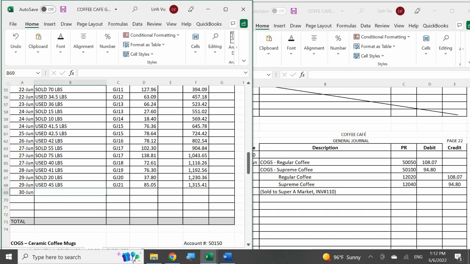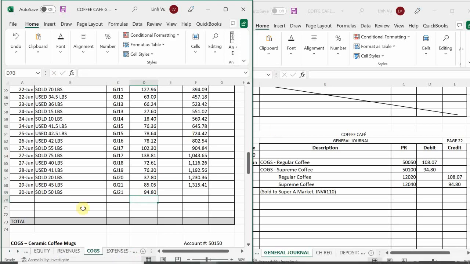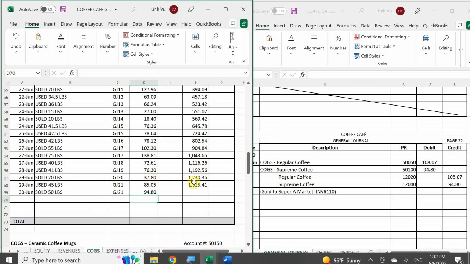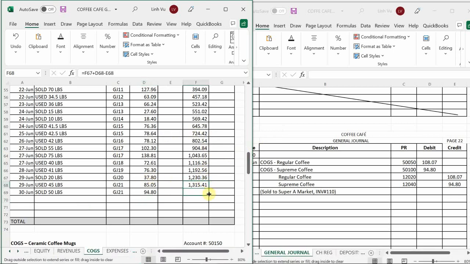And I also sold 50 pounds for a grand total of $94.80. So that should give me a new grand total cost of goods sold of $1,410.21.